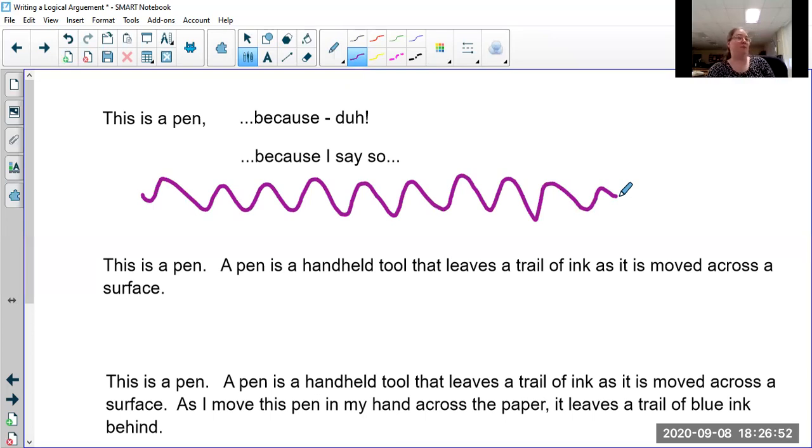Under my definition of a pen, if the traditional pen had run out of ink, or if the ink dried so that it wasn't working correctly, it would no longer be called a pen. So see how the power of your definition really suits your argument. You can control your logical argument by defining your terms carefully.